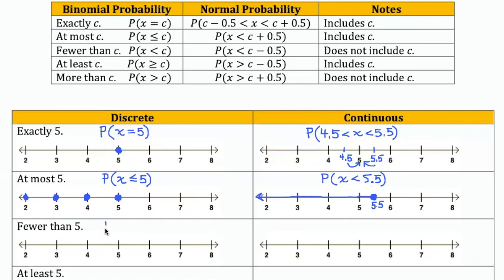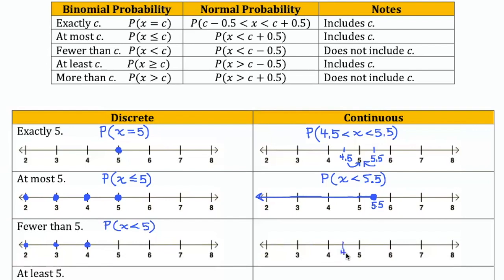Fewer than 5. Now, if we want to be fewer than 5, we have to be strictly less than 5. So in the discrete distribution, I no longer am allowed to equal 5 or 6 or 7 or 8. Those are not values that are less than 5. I can be 4 or 3 or 2. In the continuous distribution, I would want to take 4 and below, but I also want to consider anything that could round to equal 4.